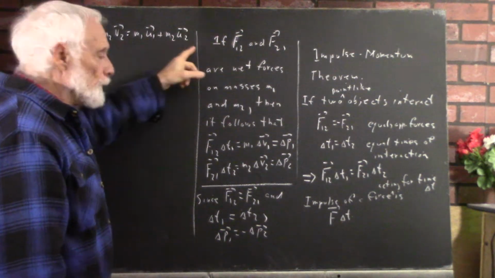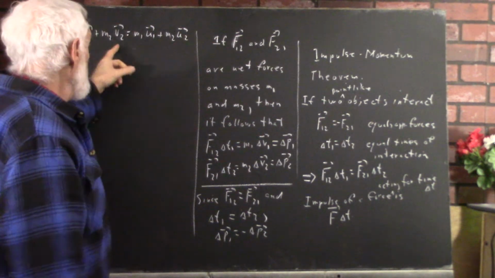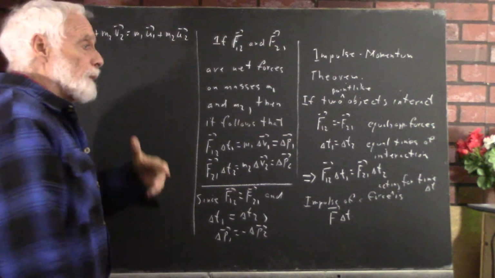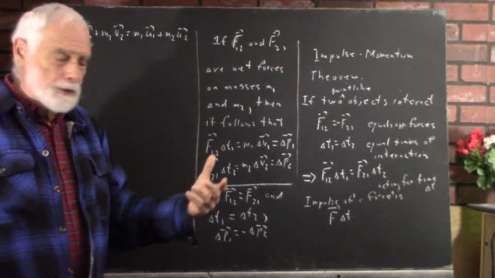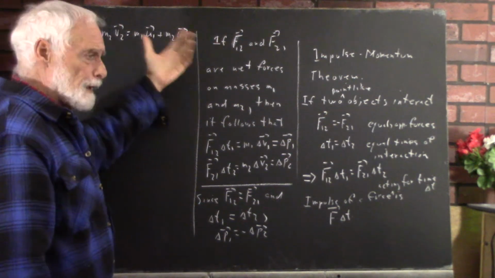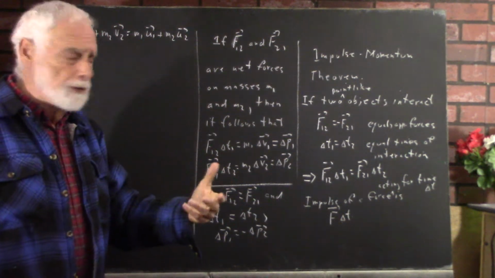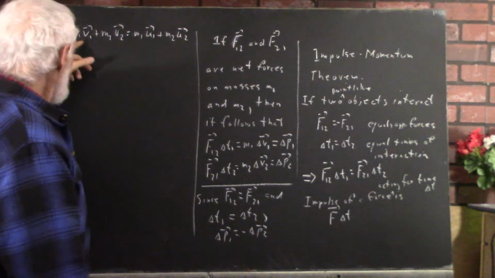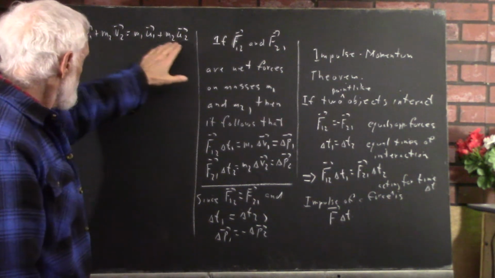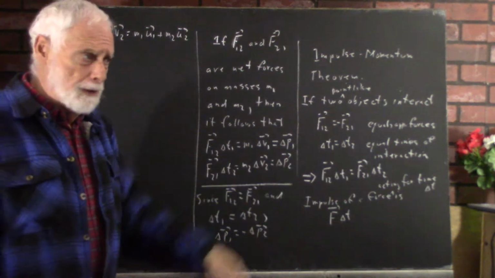Now, not every author uses u1 and u2 with v1, v2. It might be v1 prime and v2 prime. Various ways to annotate this, and these probably aren't the symbols I used previously. Probably did an M1V1 and M2V2, but probably didn't use U1 and U2 last time I did this.